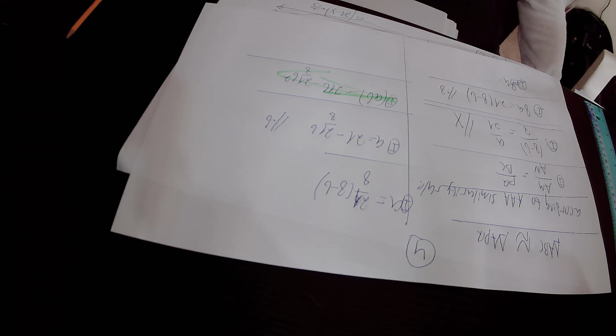Or in other words, we have to find out the extreme point of this area function, AB equals 21B minus 21 over 8 times B squared. In order to find out the extreme point of this area function, we'll differentiate this area function and then we'll equate the derivative to 0.